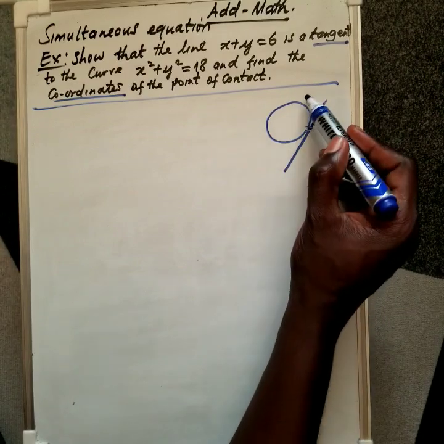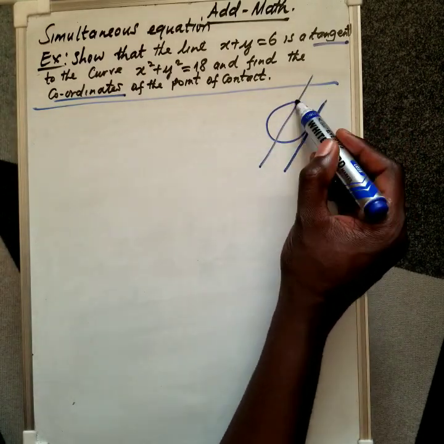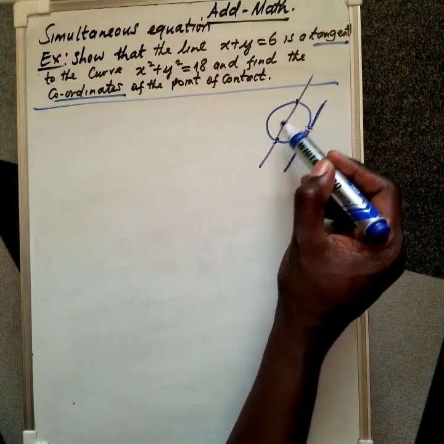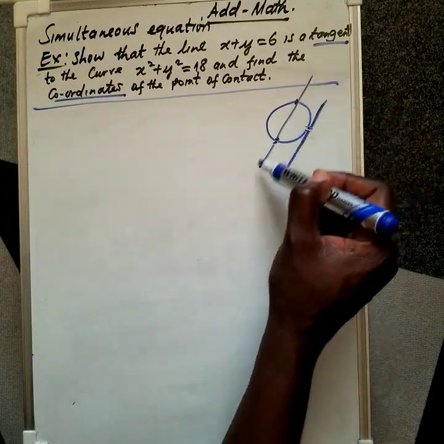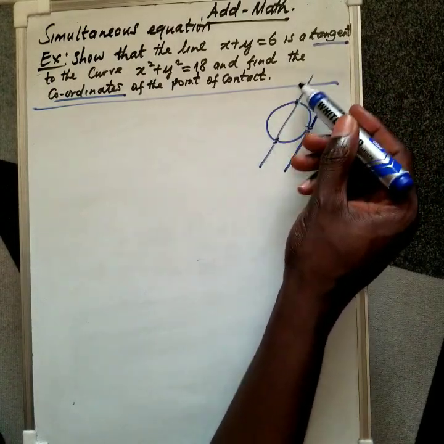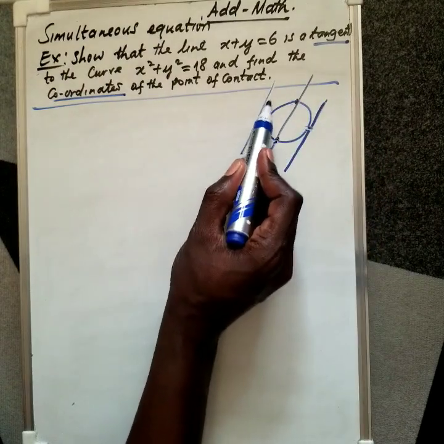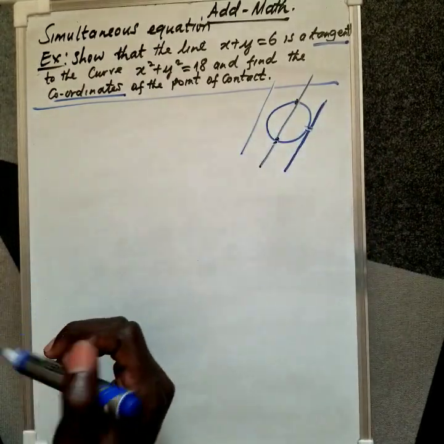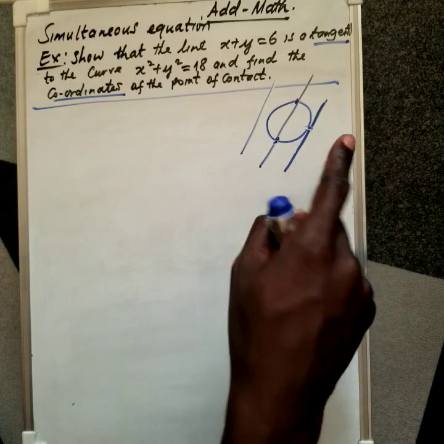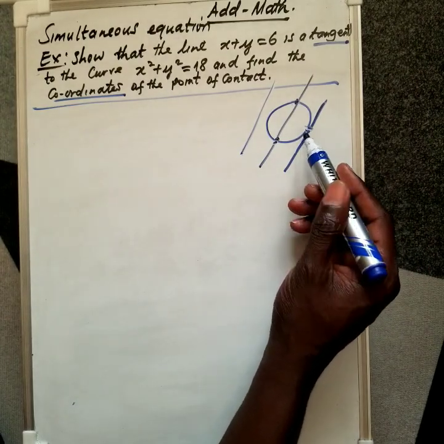But if you have two solutions, it simply means that you form what we call a secant. So two solutions means that it is not a tangent but cutting the circle. But if there are no solutions, it simply means that it is not touching the circle at all. So there are three situations you can have.